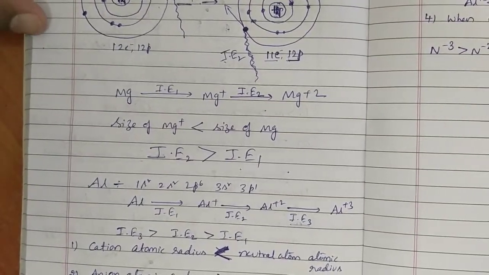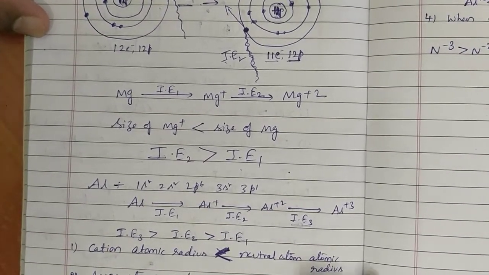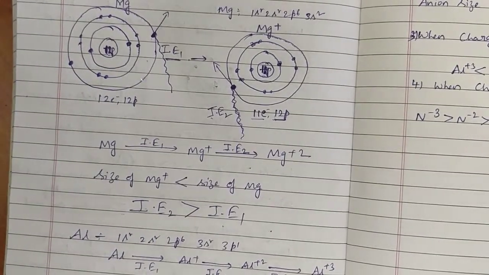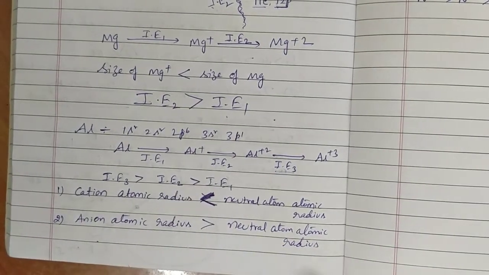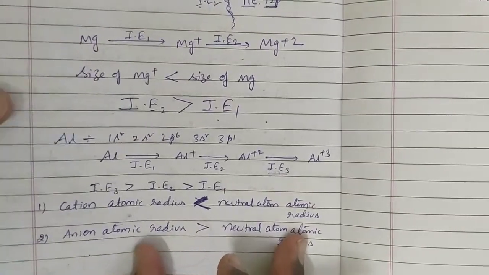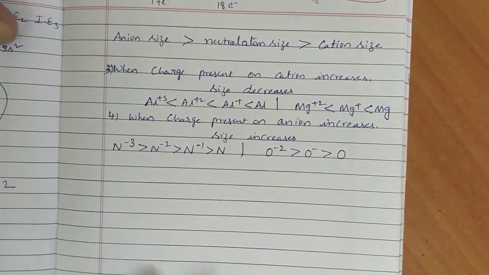Okay, this is the complete information about IE1 and IE2, and even IE3 also. Every time IE3 is greater than IE2, IE2 is greater than IE1. Okay, the definition, everything is clear now. Now we have to see how this ionization energy will be varied in groups and periods.